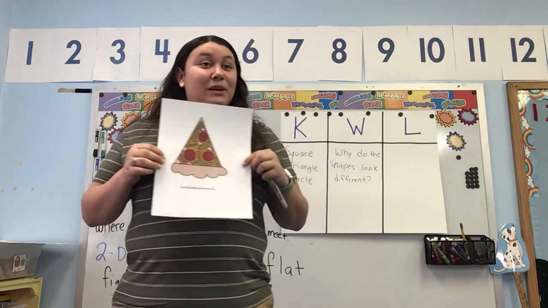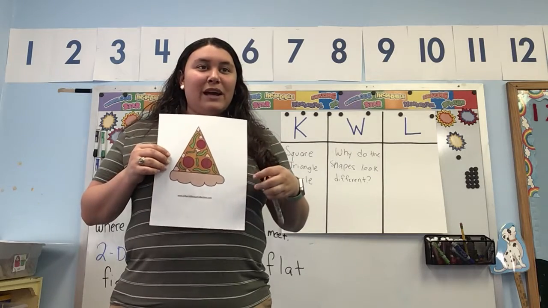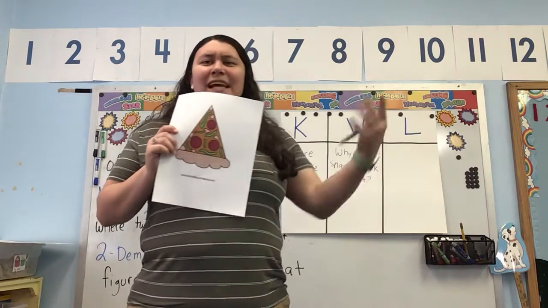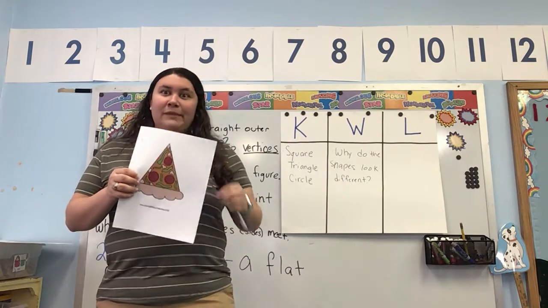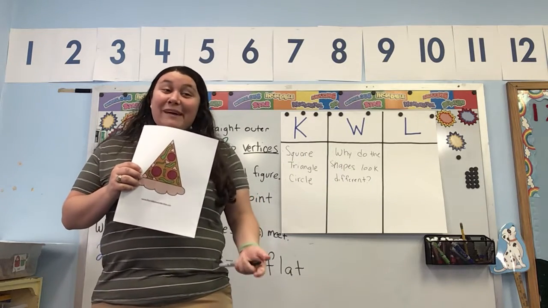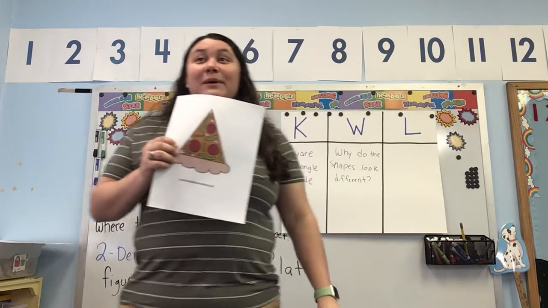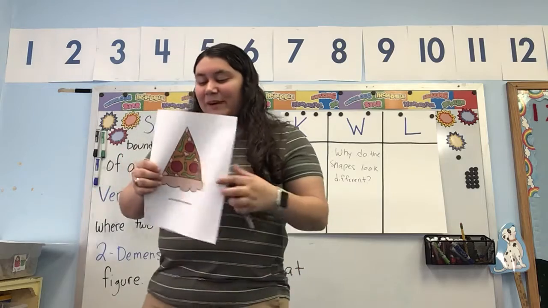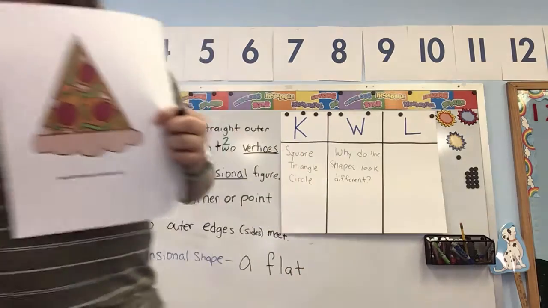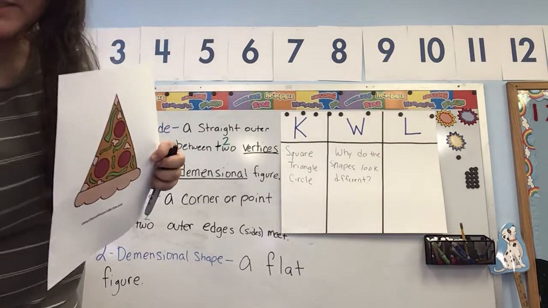Did we see this shape in our bag? Right? This is a what? A slice of pizza, right? This slice of pizza we see a lot of the times. Maybe not every day, but we do see this a lot because I know we all do love pizza. Right, so this shape we did see in our bag of shapes.